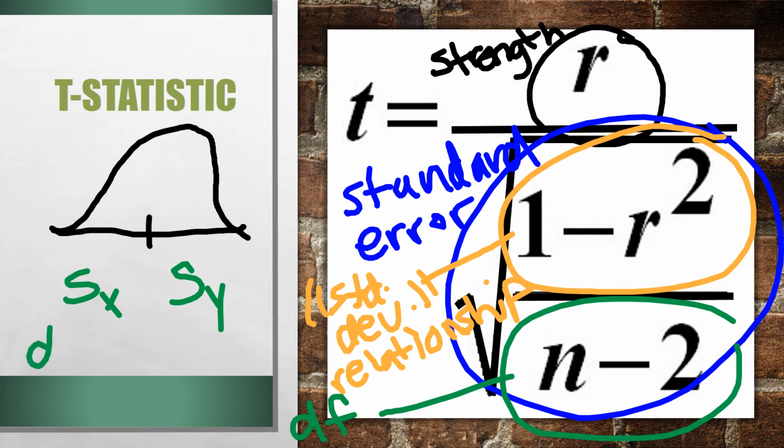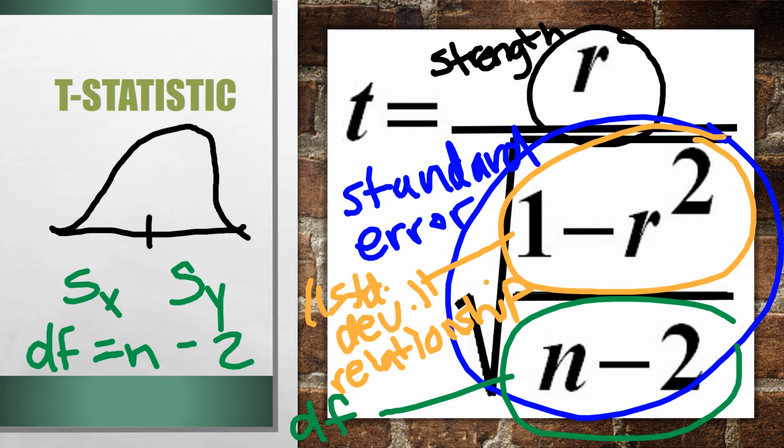So our degrees of freedom is the number of pairs minus 2, because we have to estimate 2 standard deviations, 1 for each variable. Before, in other tests, we just subtract 1, we only have to calculate 1 standard deviation. So that's why we're subtracting 2 in this case.